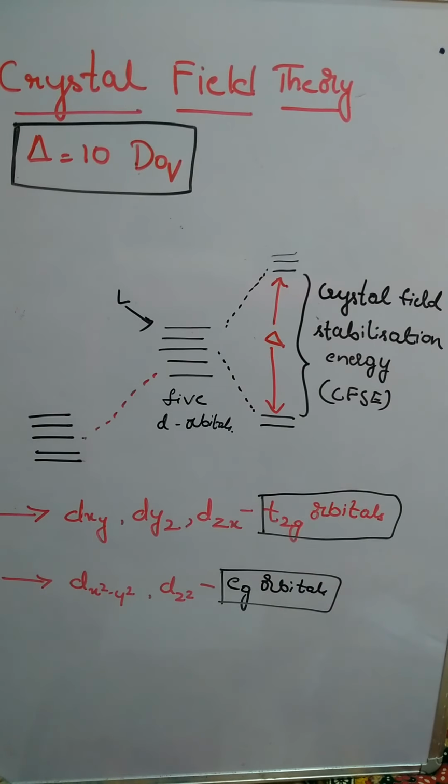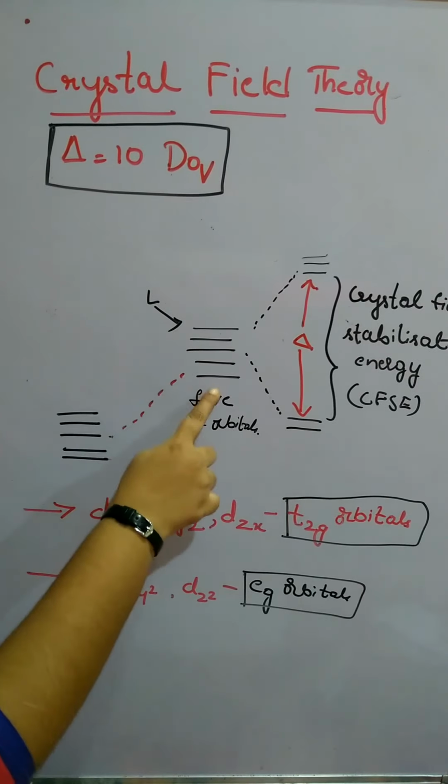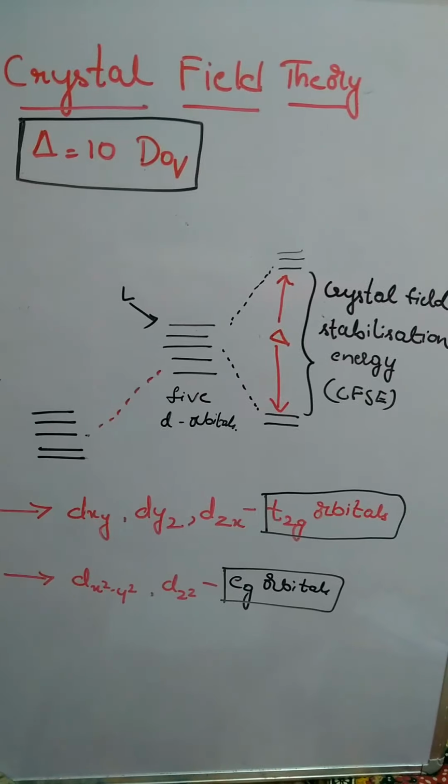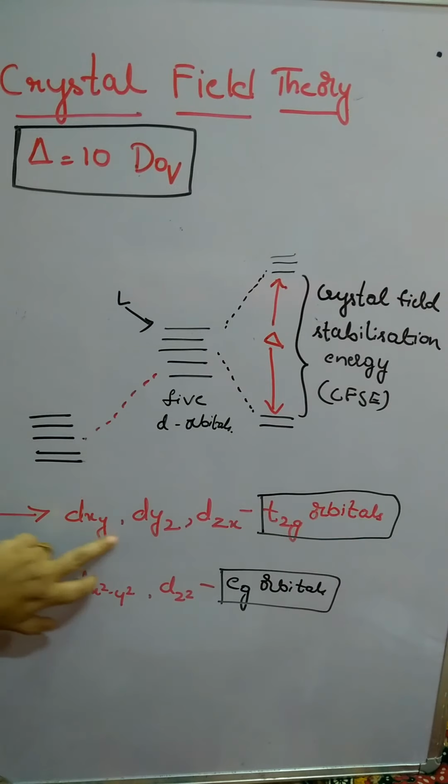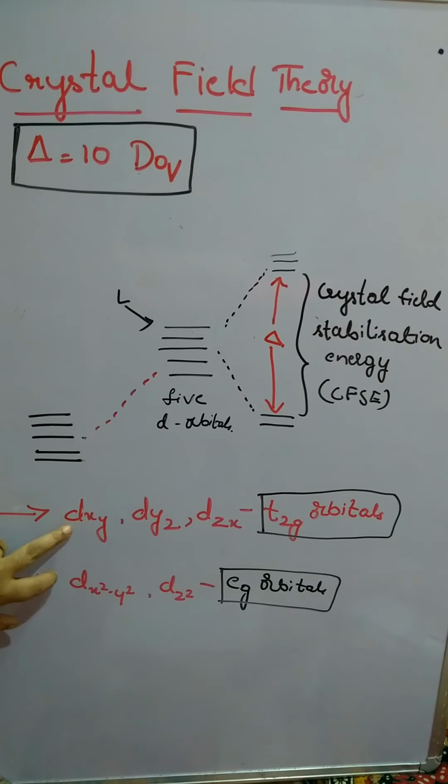So d orbitals, when the ligand comes closer, if it is coming along the axis, these orbitals are in between the axis, where the lobes will be in between the axis. Here the lobes of the orbitals will be along the axis.